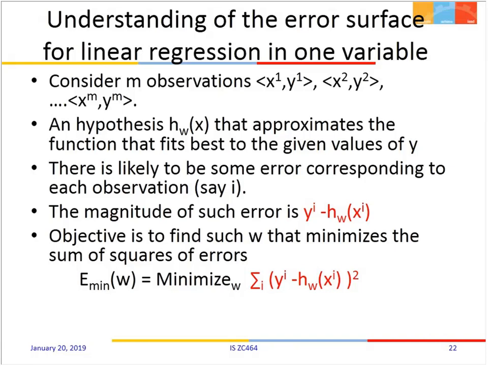Why should I write it like this? Here you need to understand what this means. yi is the actual value. How did we take the actual value in the previous computation? It was taken as y, and hw(xi) was taken as p.